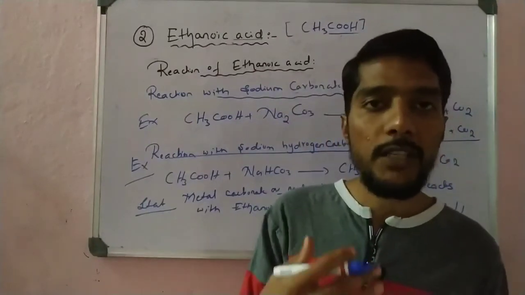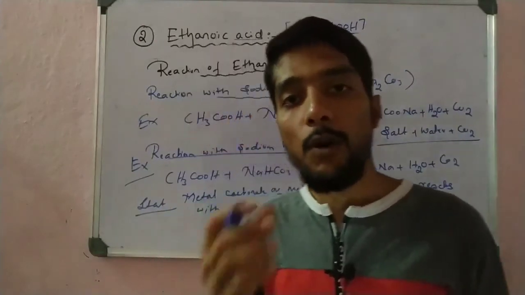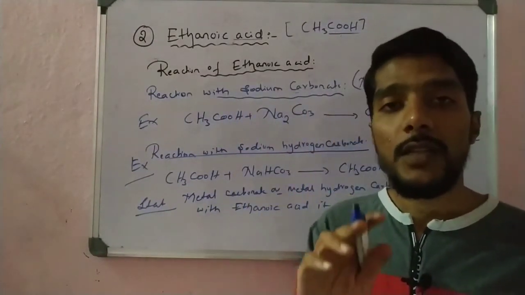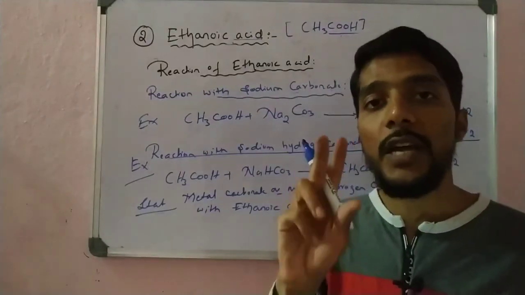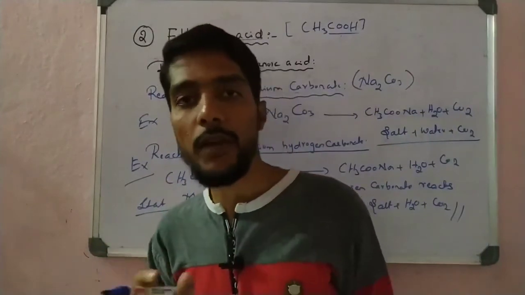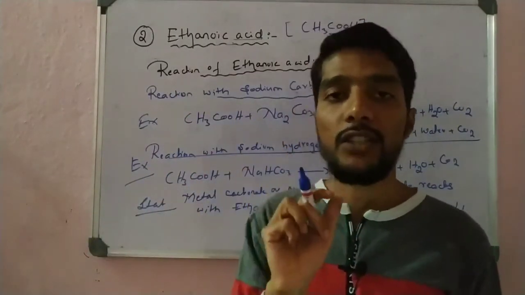It may be long but it is very important: ethanoic acid properties, formula, glacial acetic acid, then the reactions. The very important reactions are the esterification reaction and saponification. You have to remember the reactions. You can make the sentences your own, but reactions are very important.